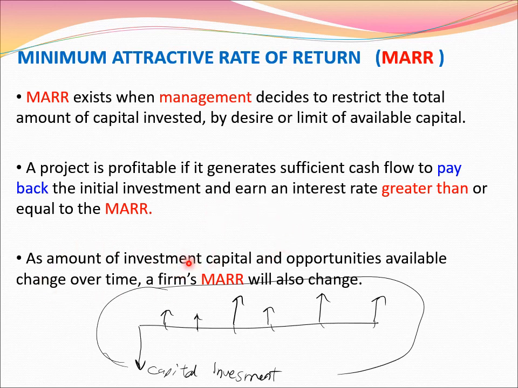Also, for the companies, usually from one year to another, the amount of investment capital and the available opportunities change over time. So it means that the firm's MARR value usually is not constant. It changes over time.